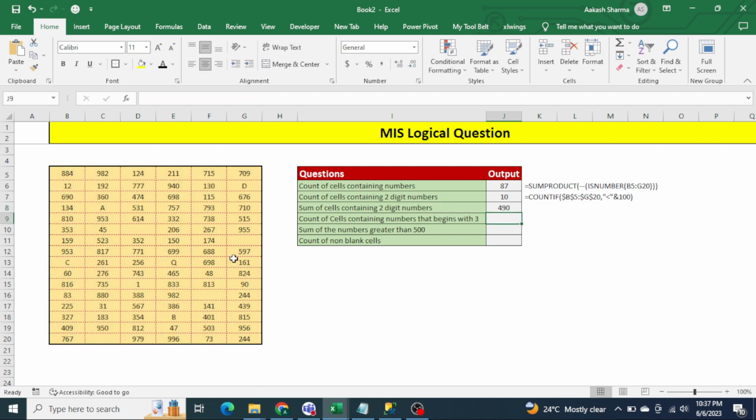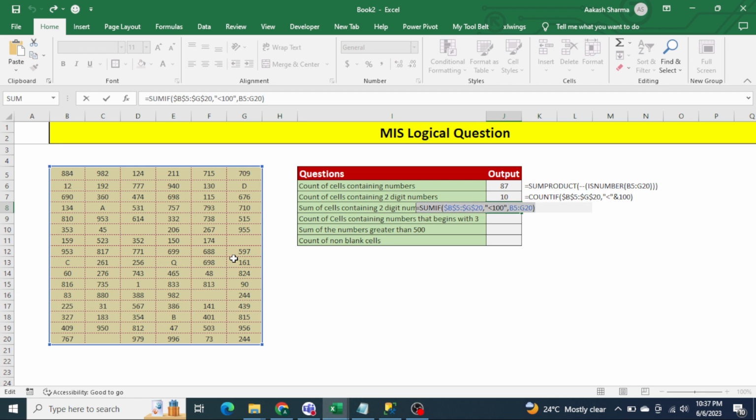We'll press enter. See, this is the total. In my second question, whatever cells contain numbers with length equal to 2, if I sum those numbers, that would be 490. All right.